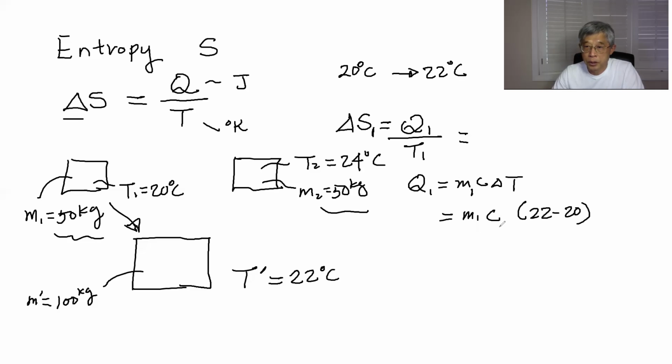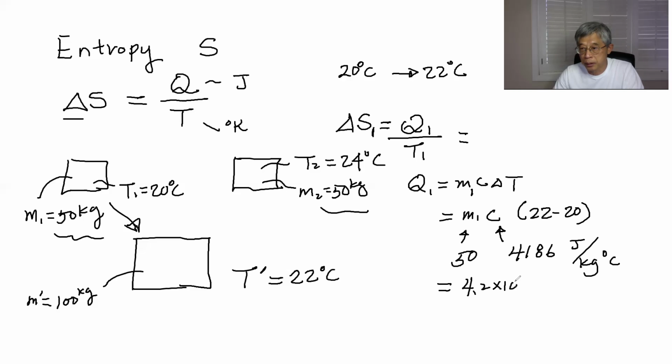And this C is for the water, roughly 4186 joules per kilogram per degree C. M1 here is 50, so 50 times 2 is 100. So it's going to be 4.2 times 10 to the 5 joules. That's for this side here.